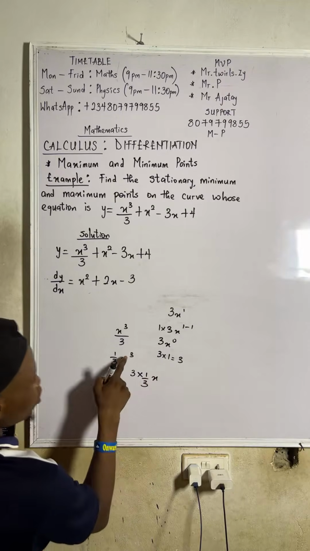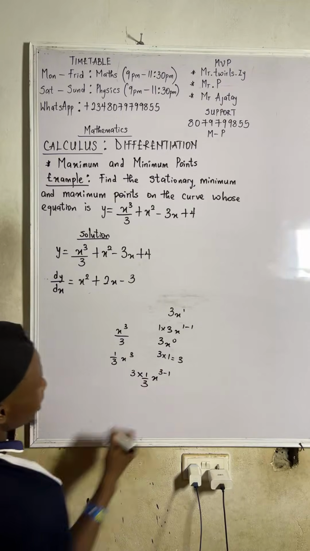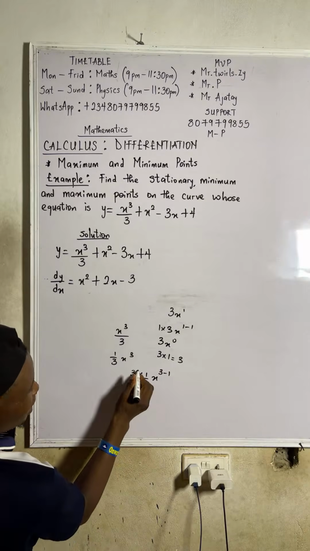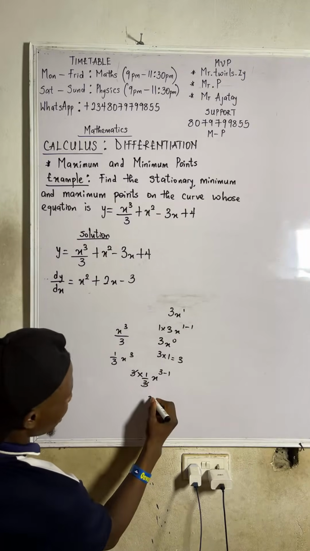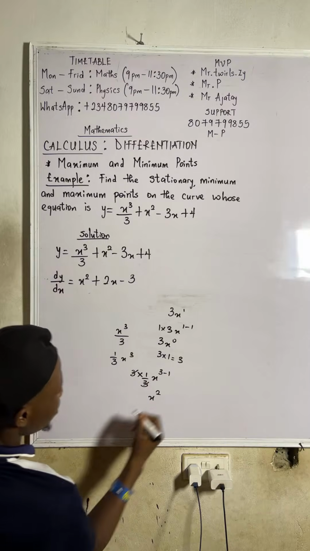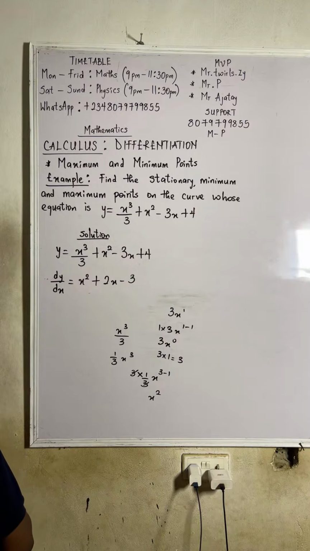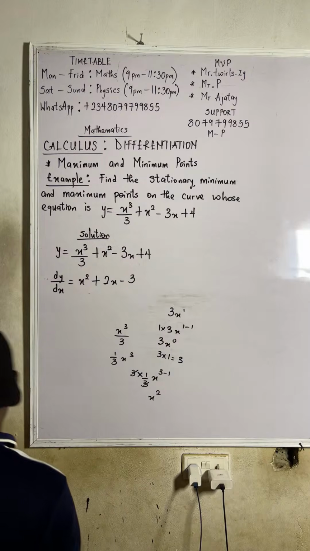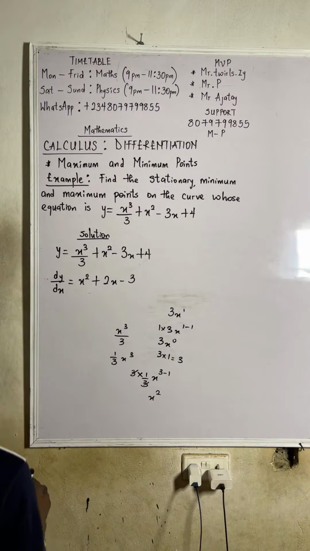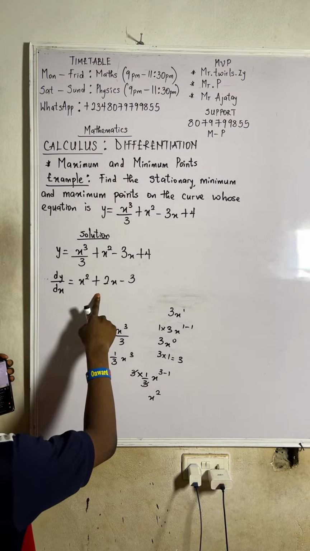Then what do you now do? You subtract 1 from that power. That would be 3 minus 1. The 3 cancels the 3 here. We are left with x to the power of 3 minus 1, which will give us x squared. Do you now understand how they got x squared now?